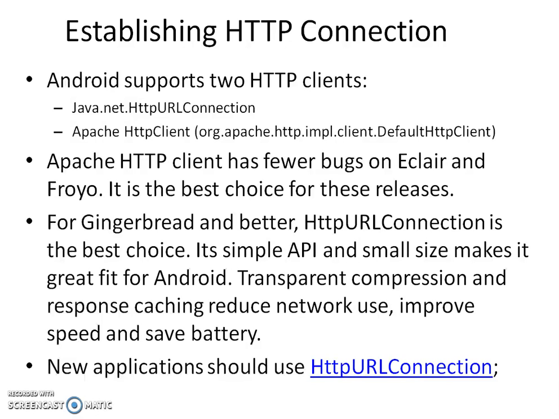Apache HTTP client used to do well, but it had a few bugs in Eclair and Froyo, the earlier versions of Android. In later versions of Android, HttpURLConnection is the better choice. It has a simple API, a small size, and is a great fit for Android. So all the new applications, I would suggest, should use HttpURLConnection.